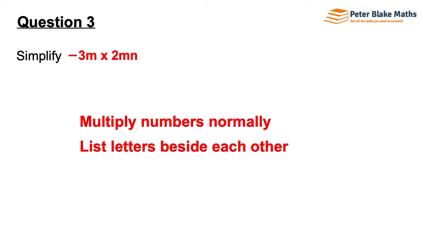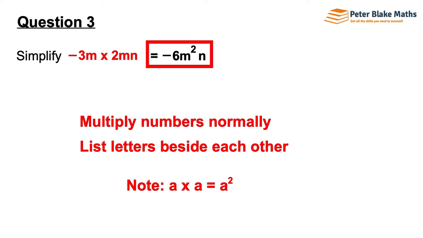And we'll carefully watch out for when a letter multiplies by another letter of the same type, such as in a times a, making a squared. So minus 3 times 2 makes minus 6 for the numbers. Then we get an m times an m, which makes an m squared. And then another n is just listed after that. So final answer, minus 6m squared n.